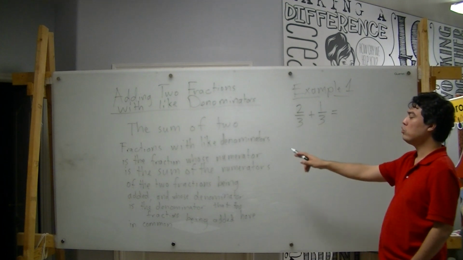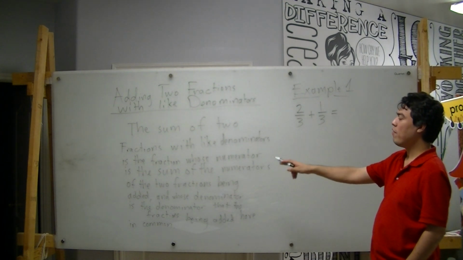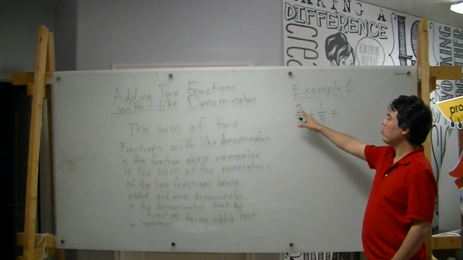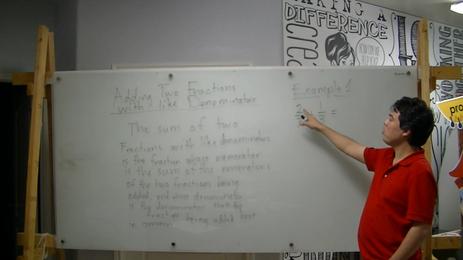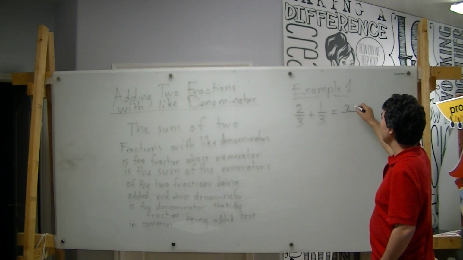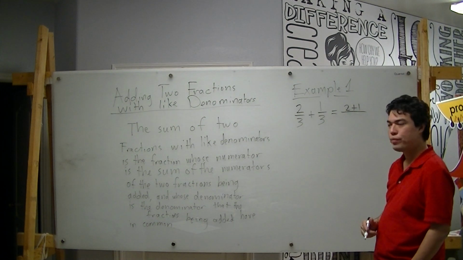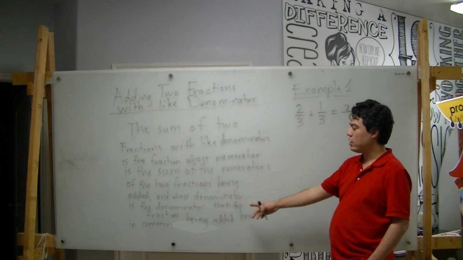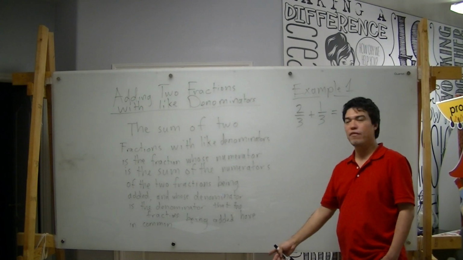It's going to be the fraction whose numerator is the sum of the numerators of the two fractions being added. So what are the numerators of the two fractions being added? 2 and 1. And so the numerator of the sum is going to be the sum of 2 and 1. In other words, 2 plus 1. And the denominator of this sum is going to be the denominator that the two fractions being added have in common.